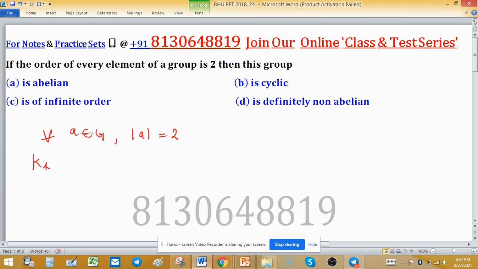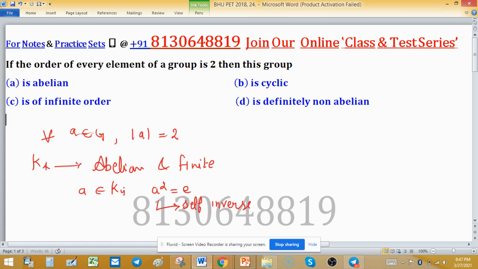We normally know this is abelian and finite. Also, if a belongs to K4, then a squared is the identity, meaning self-inverse. Other than the identity, all elements have order 2 and the identity has order 1. So this is finite. Option D is discarded because it says definitely non-abelian.